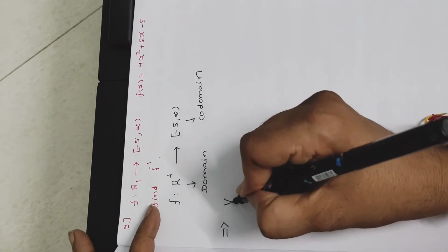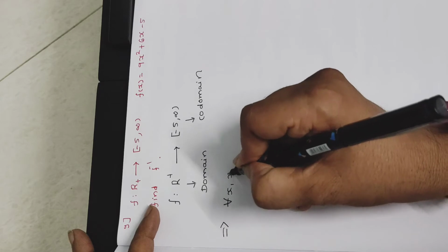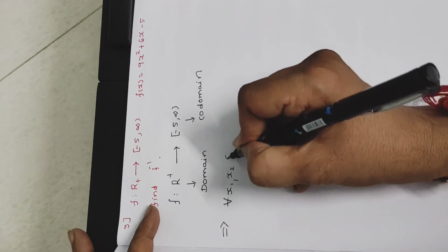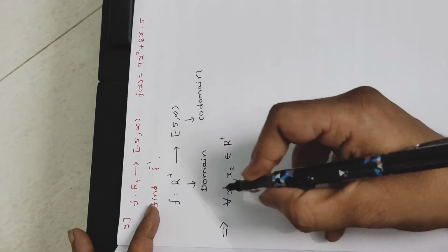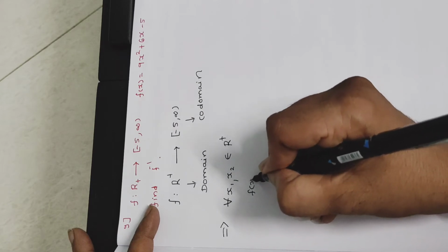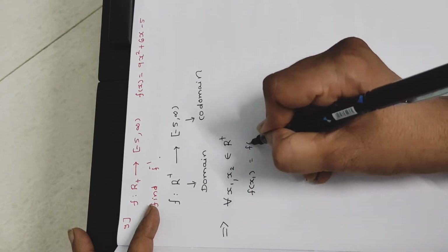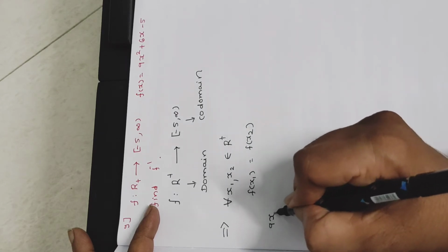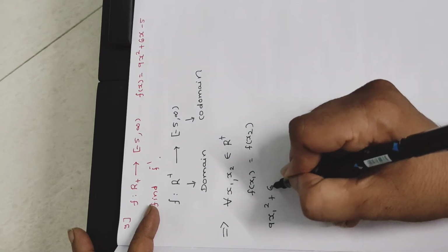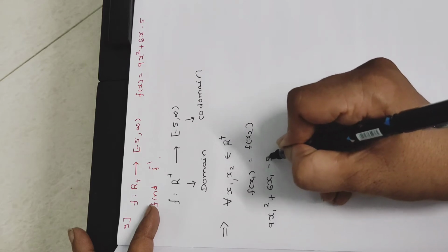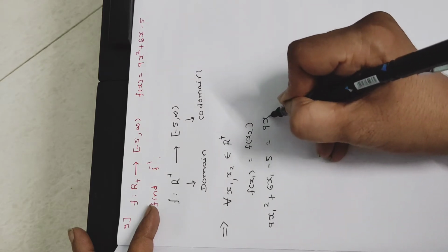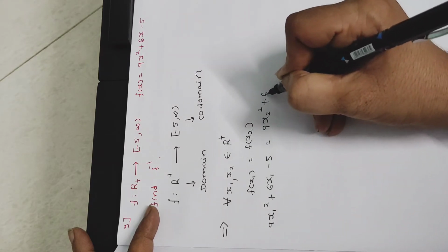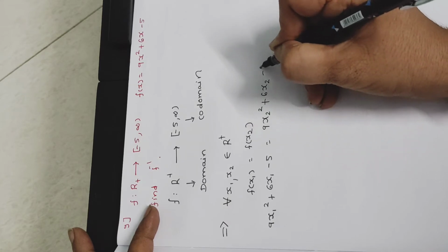For all x1, x2 which belongs to R positive, fx1 is equal to fx2 means 9x1 square plus 6x1 minus 5 is equal to 9x2 square plus 6x2 minus 5.